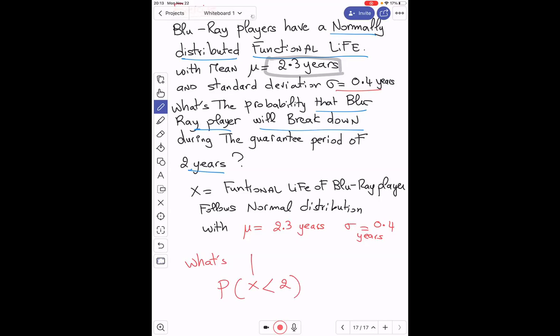Again, x is the functional life of your Blu-ray player, and you want the probability that it will break down before 2 years. So that's what we need to compute: that x, the functional life of the Blu-ray player, is less than the guarantee period, which is 2 years.